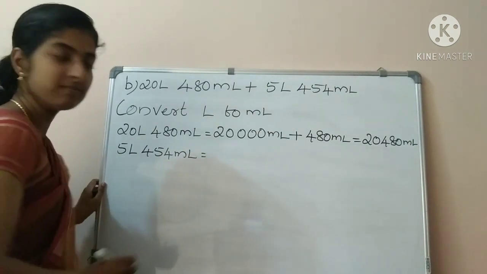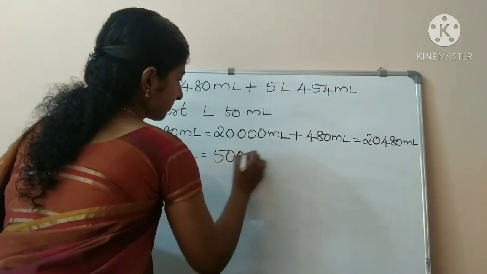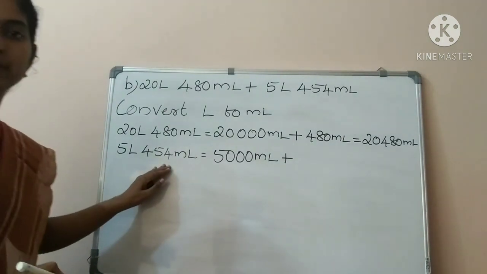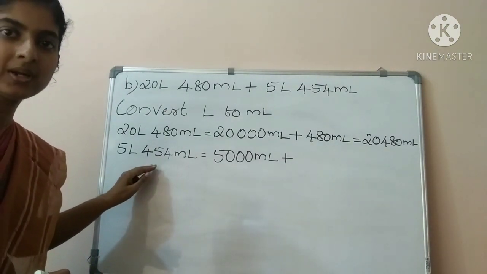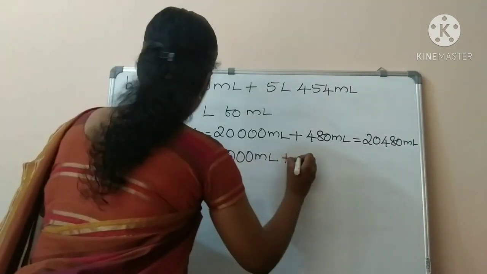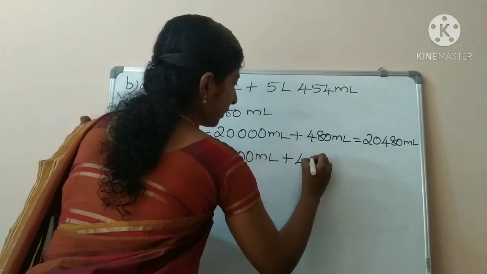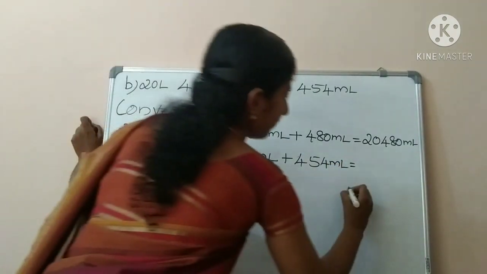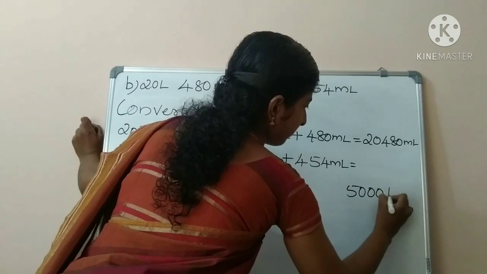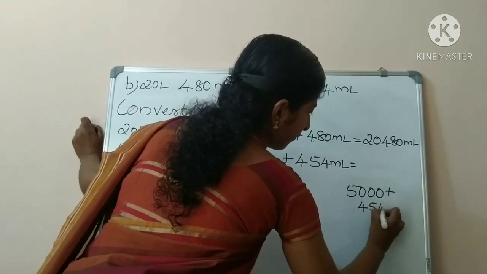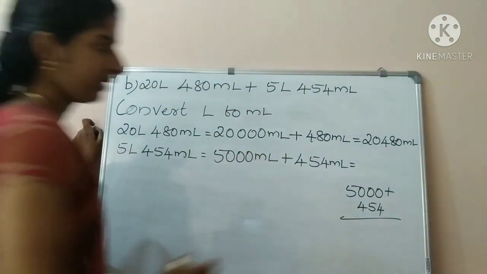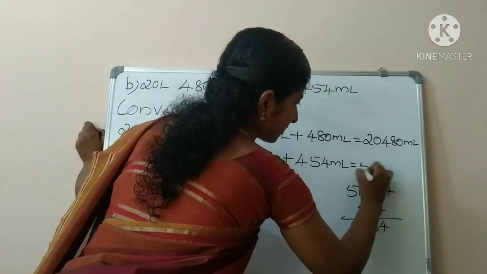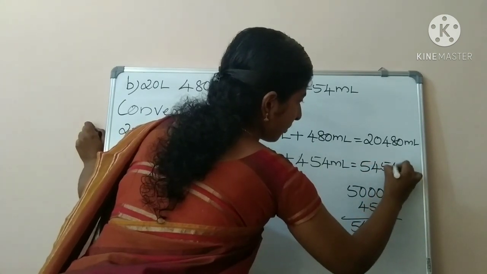Yes, 5,000 milliliter plus 454 milliliter, already in milliliter, so write it directly. 5,000 plus 454. What is the answer? 5,454 milliliter.